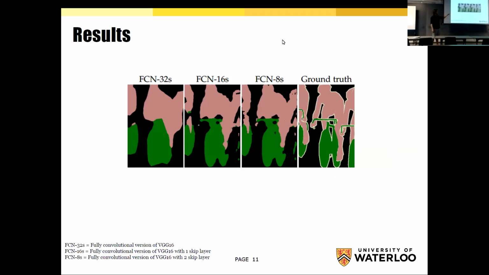You can see how the implementation of skip layers helps the prediction. With no skip layers, you get two large blobs. With one skip layer, you already see some refinement: you can see the guy's hands and the handlebars. And with the 8s, there's a little difference, and like I said, we'll put some numbers to it on the next slide. You're able to get the guy's hand on the handlebars, with some more refinement.